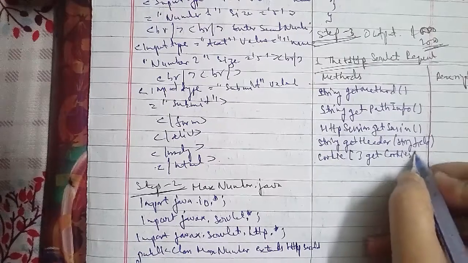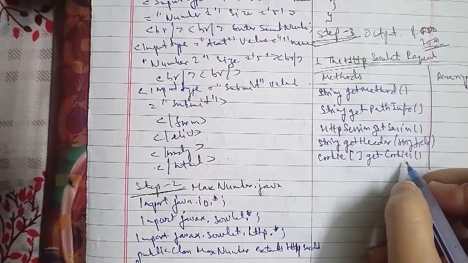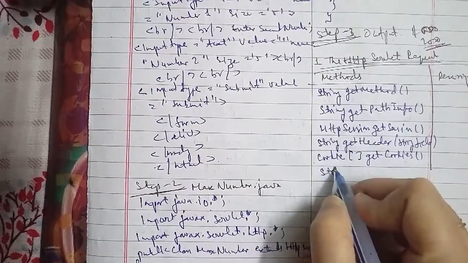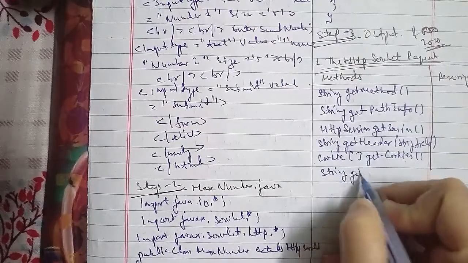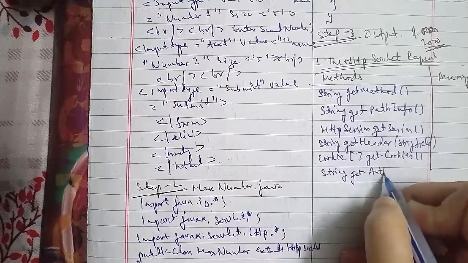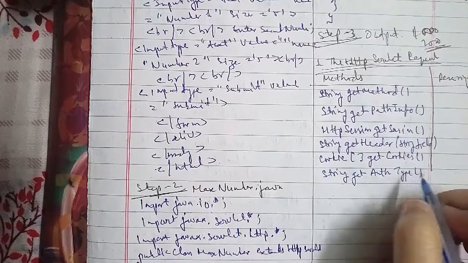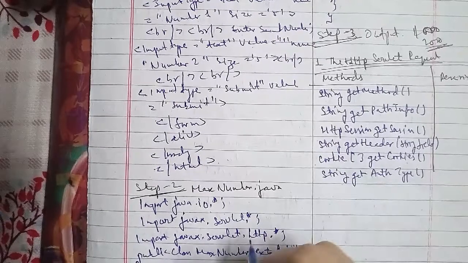That is, this method is used to add cookies in the response. The other one we have is String encodeURL. That is a string URL, and this method is used to encode the specified URL.